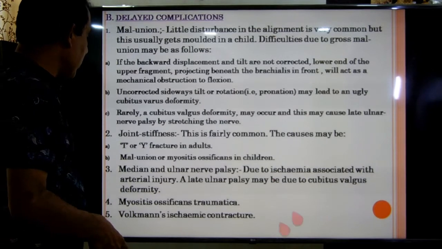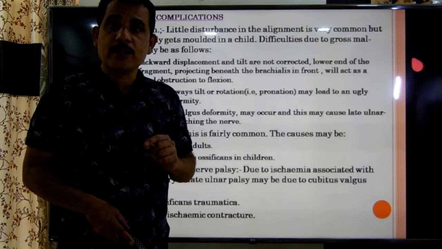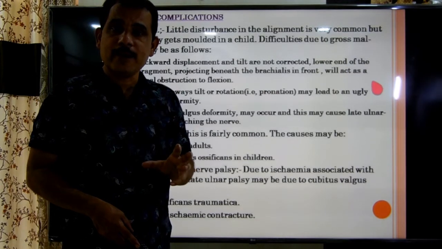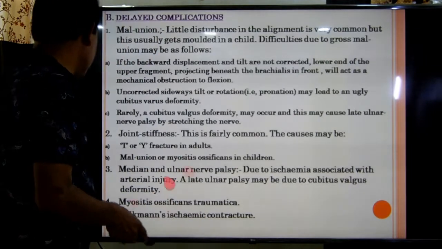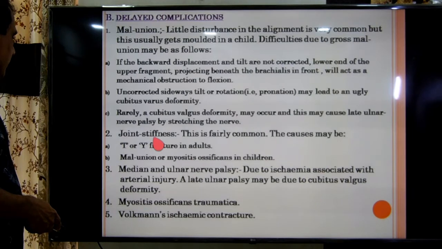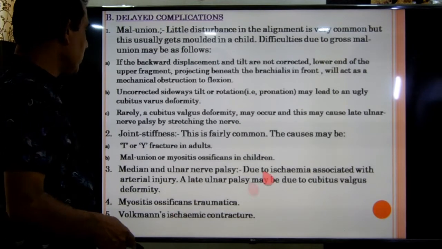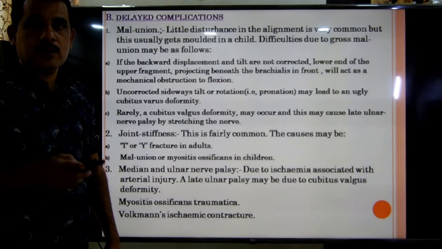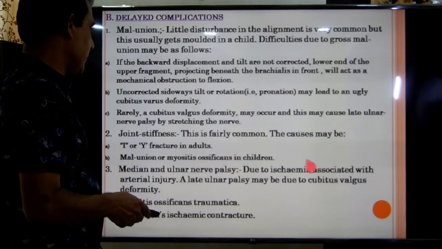Then Volkmann's ischemic necrosis may occur from compression on the nerves. It is also a common one. So the delayed complications are malunion, joint stiffness, median and ulnar nerve palsy, myositis ossificans, and Volkmann's ischemic necrosis. These five are the complications of supracondylar fracture of the humerus.